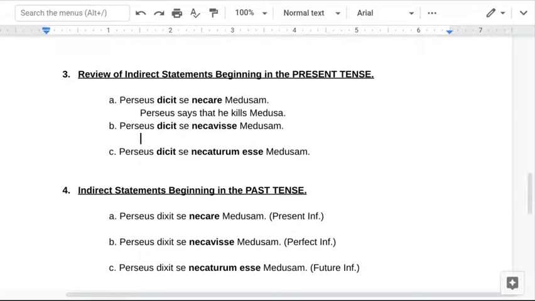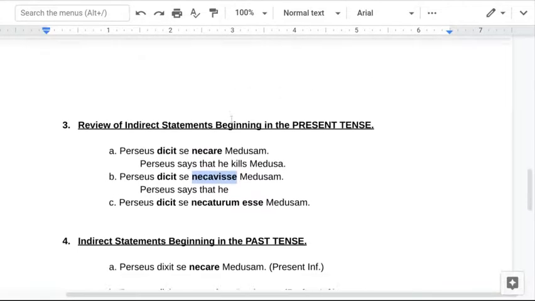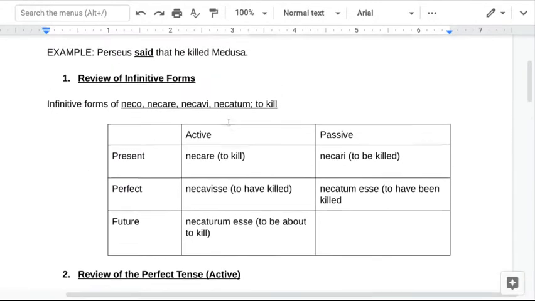And the second example, same beginning. So Perseus says that he, and then once again, se repeats the subject. So it would be he. We insert the that. And now we have the perfect infinitive or the past tense infinitive. That's right here.